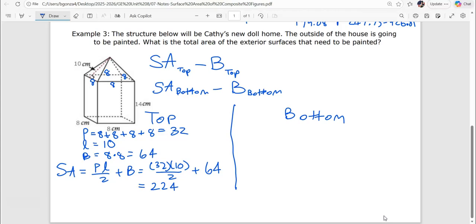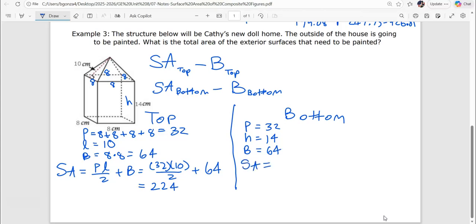Okay, stay with me here. That's the pyramid. Now, the bottom is a prism, so again, we need P, H, and B. The perimeter matches the bases, so it's still going to be 32. The height of this prism is 14. Big B matches this B, so it's 64.